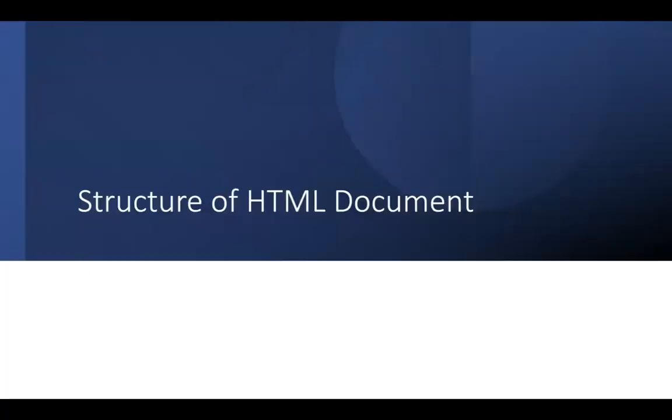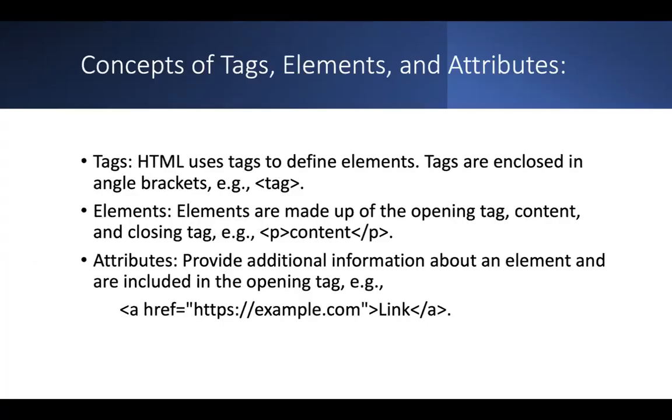If we look at the structure of an HTML document, mainly we have three things: tags, elements, and attributes. Tags are used to define elements. Tags are written with angle brackets, like this.